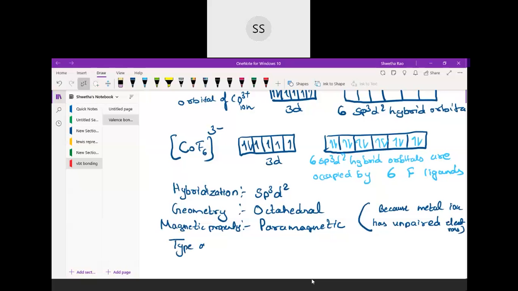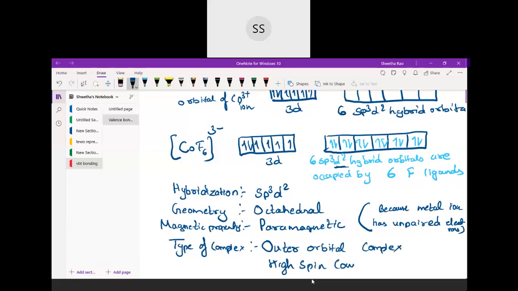So type of complex, we can see the d orbital comes at the end. If the d orbital comes at the end, then it will be outer orbital complex. Outer orbital complex. Okay. Outer orbital complex are always high spin complex. So you can put a slash and write this also.